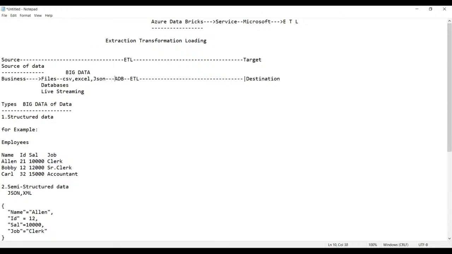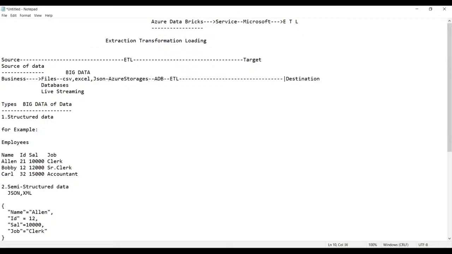ADB is a service. Who provides this ADB? Oh, it's Microsoft Azure. So the data needs to be stored in Azure storages first. From the Azure storages, the data can be pulled in.